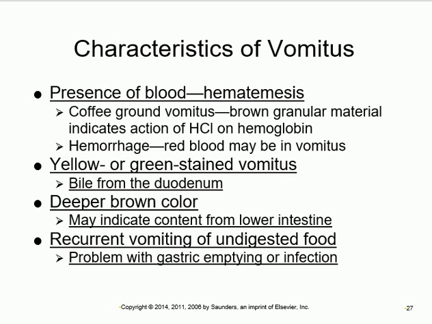And where is the bile? It's in the duodenum. Remember when the gallbladder contracts, it pushes the bile into the duodenum, right? We mentioned that. So where do you have the bile? In the duodenum. Where do you have the bicarb? In the duodenum, right? Where do you have the chyme? In the duodenum. So if you tell me that it's green, yellow, I tell you right away, it's coming from the duodenum, and it's severe.